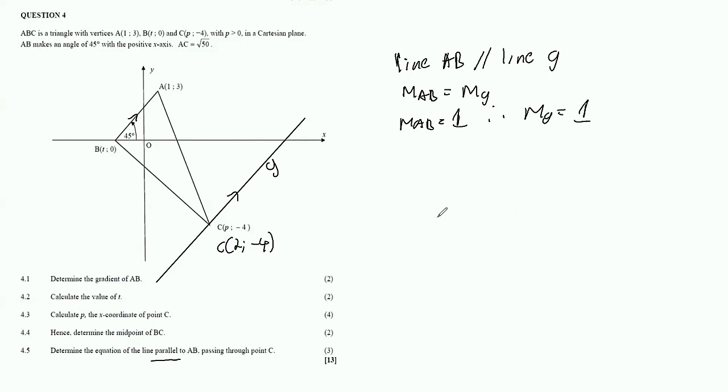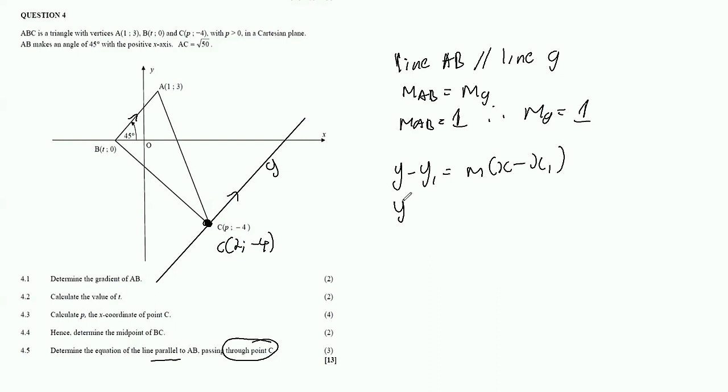But in order to find the equation, we know that we only need the gradient and a set of coordinates. We already have a set of coordinates because they said this line is passing through point C. So that means this line is touching point C, meaning that we can use the coordinates of C in order to find the equation of the line. So we go with our straight line equation, and there we go.